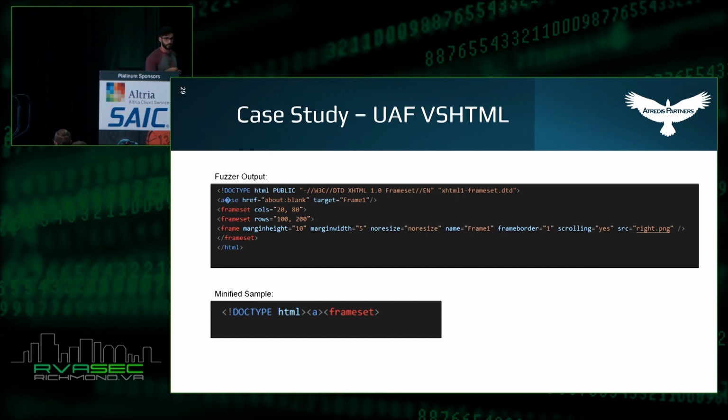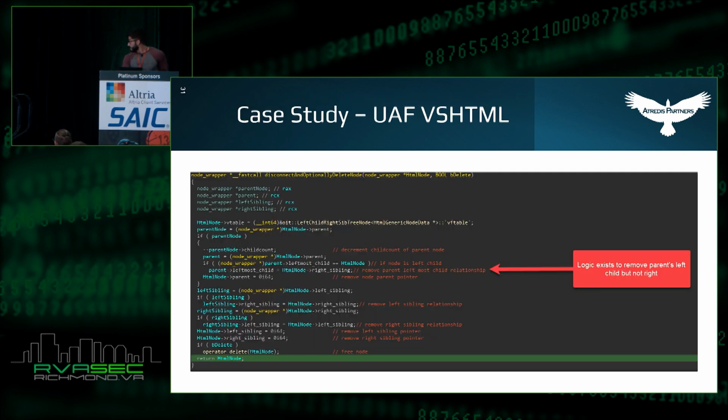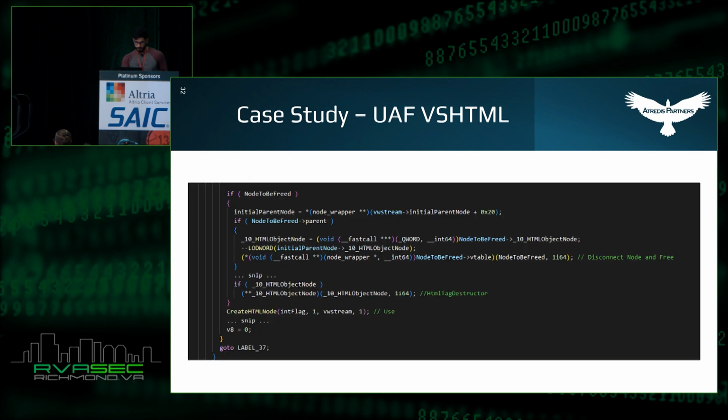Apparently, it's an HTML file that doesn't have any real tags. It's just a bunch of iframes. So what's probably happening is it's trying to free it, expecting that this is going to be a frameset HTML file. So as soon as it gets the frameset tag, it frees it, and then it tries to create a new node, probably for the frameset.